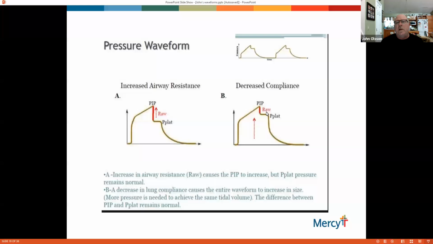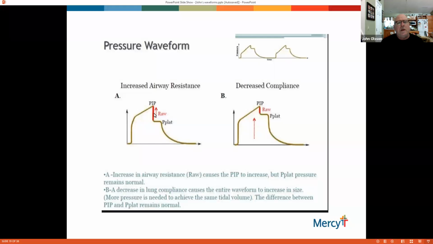But if there's only a small difference, like 2 to 3 or 4 centimeters between your PEEP and your plateau, then you're not looking at so much airway resistance. You're looking at more stiff lungs. All right, so you can see that your airway resistance is this area here in between your PEEP and your plateau pressure.